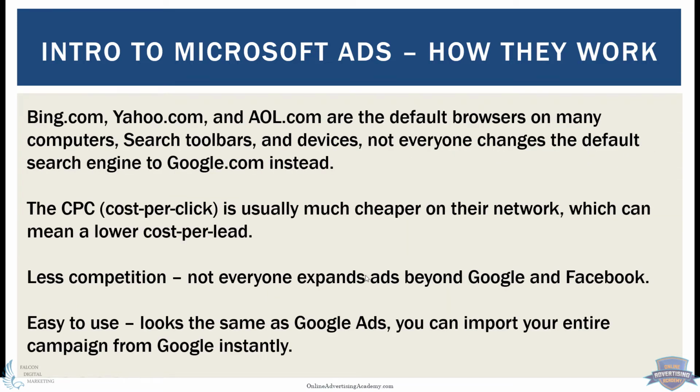Let's see, Bing, Yahoo, and AOL are the default browsers on many computers. Search toolbars, they partner with a lot of people, and you just type in this toolbar, that's actually Bing or Yahoo or AOL. It's the default on a lot of devices, and not everyone changes it, or they don't know how to change their search engine to google.com instead.